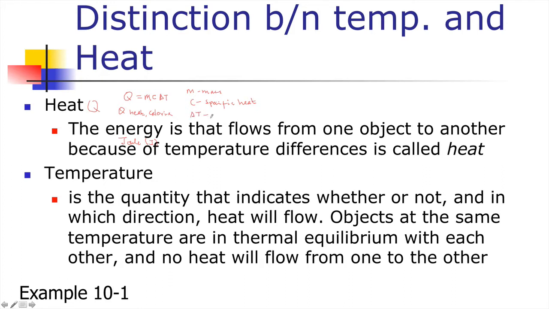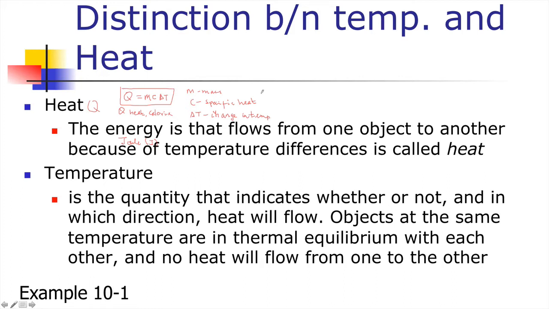Change in temperature means final minus initial. Okay, so this is the amount of heat that you will need to warm a certain object from a certain temperature to a certain final temperature.